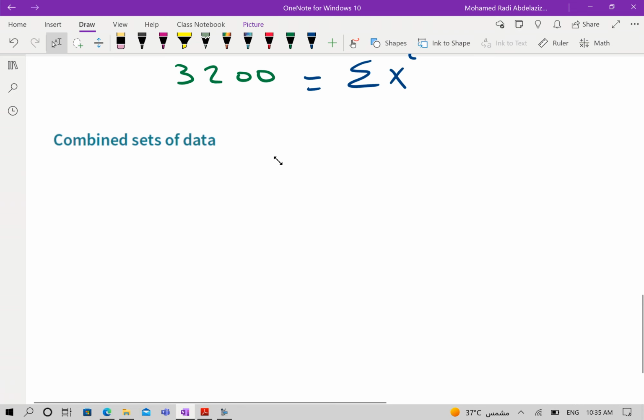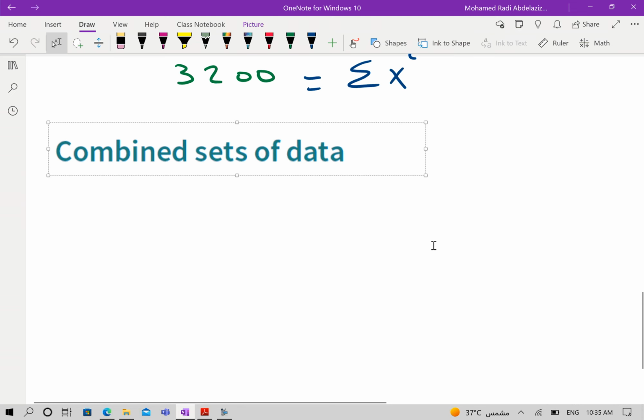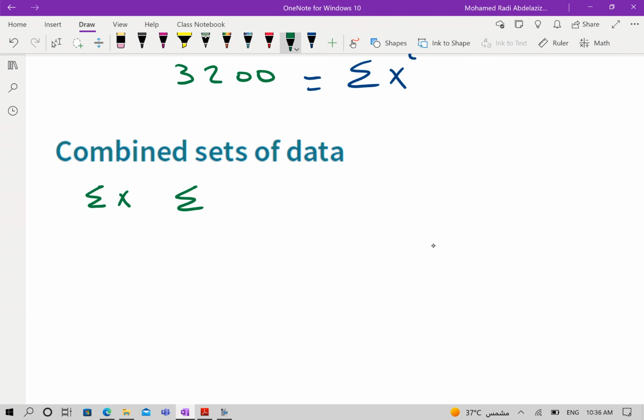Combined sets of data. If we have, say, in the same question, we compare the average of a boys set and girls set, and if we combine both as one group, how to get the average and how to get the standard deviation. Say, for boys, if we have sum of x, sum of x squared, the number of boys, which is n x, you can calculate mu and you can calculate the variance.